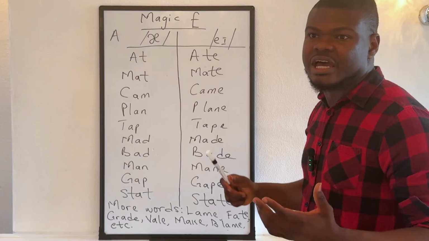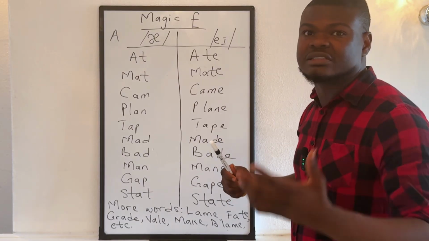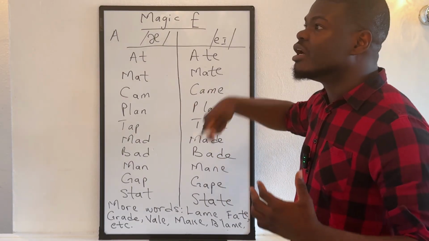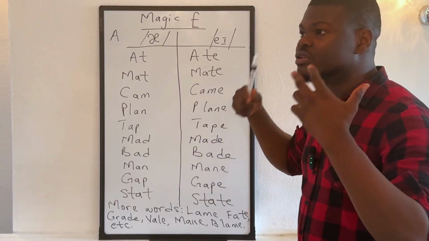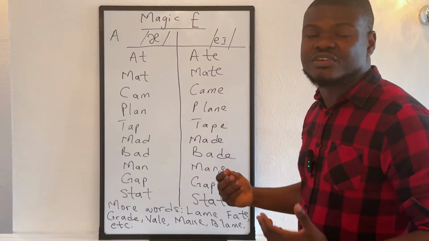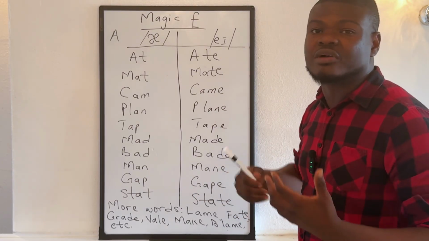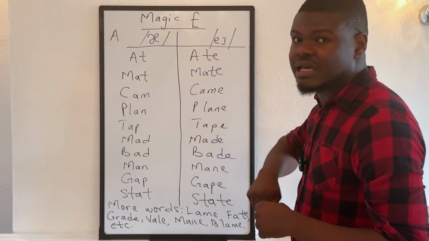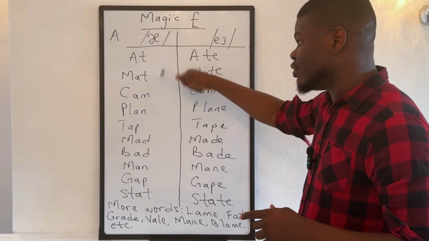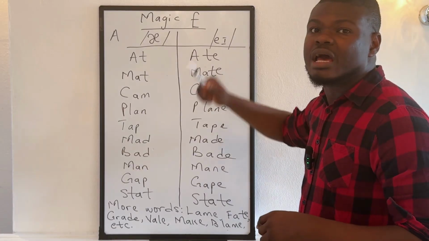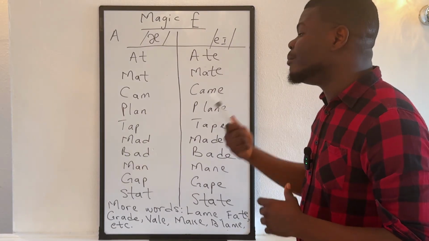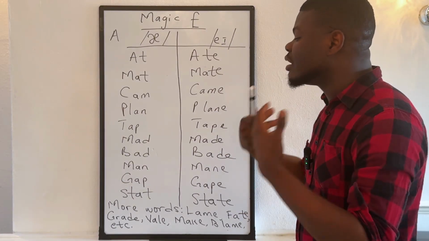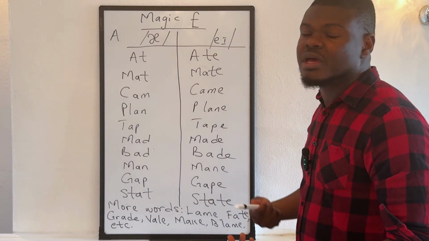Yeah, that's letter A. In one of our videos on letter sounds, we talked about the fact that letter A most times gives the sound A, as in at, as in mat, as in cam, as in plan, tap, mad, bad, man, gap, and start.